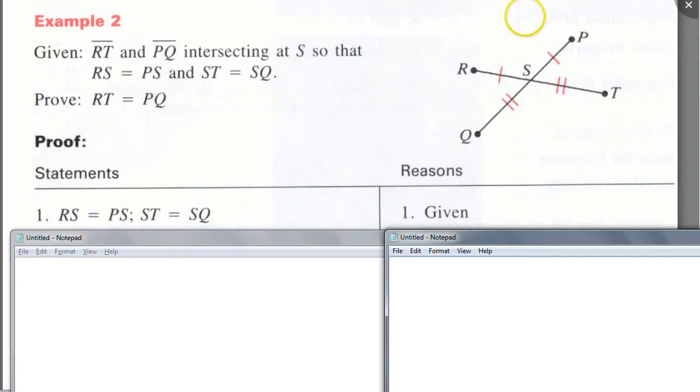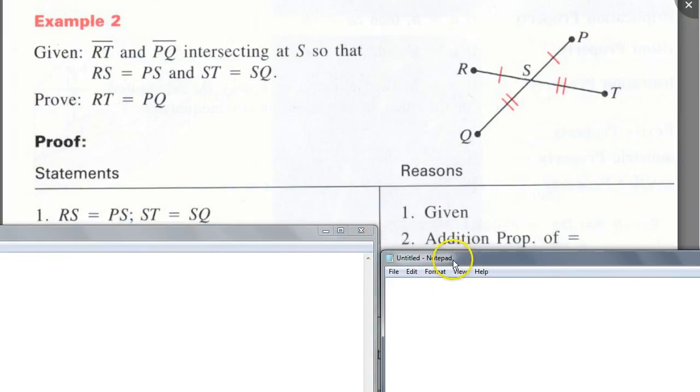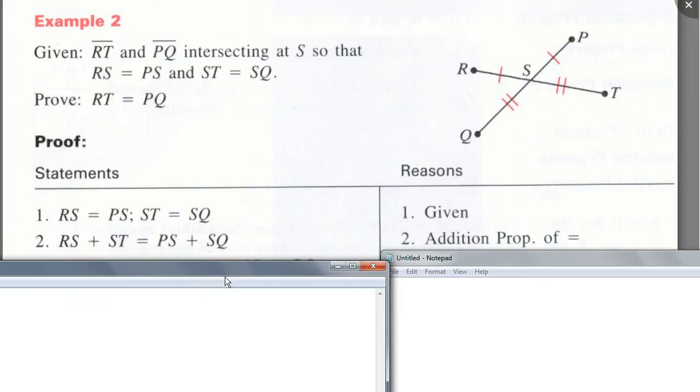So guess what? The next one, and I said it was one of the properties that we learned, they actually used the addition property of equality. Because you could think of this as A is equal to B and C equals D. So you could get this. And there's a reason why they have this statement as the second statement.